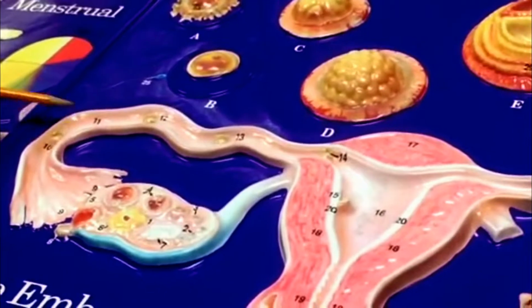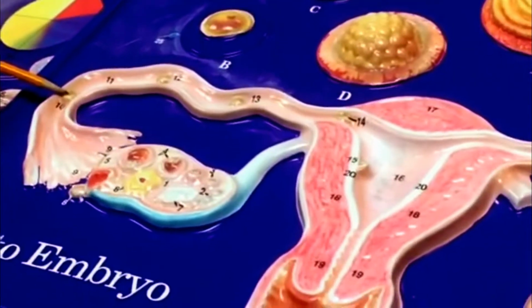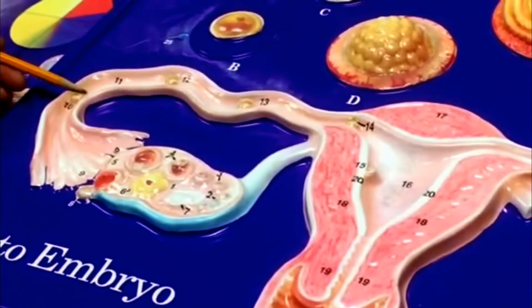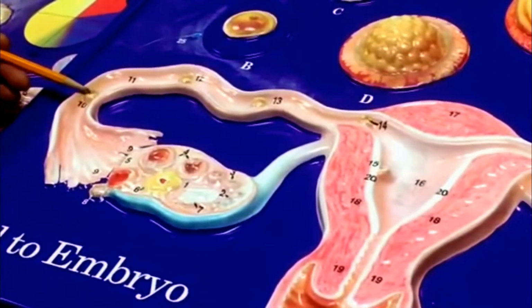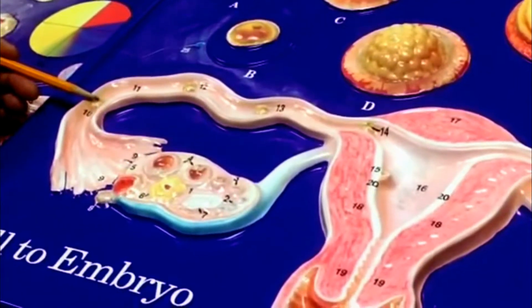Here in the ampulla, they show you the sperm meeting the egg. So what could potentially this be, depending on, I know in the key they're assuming that this sperm has just penetrated the outer layer of cells here, causing this to be called now an ovum.